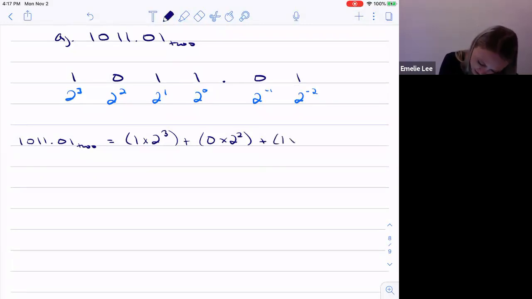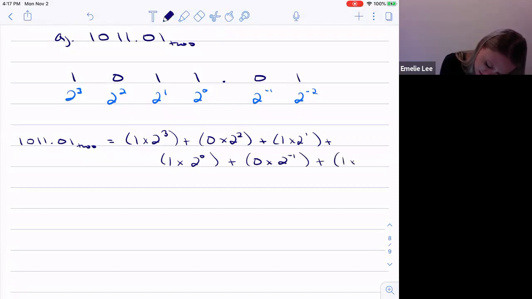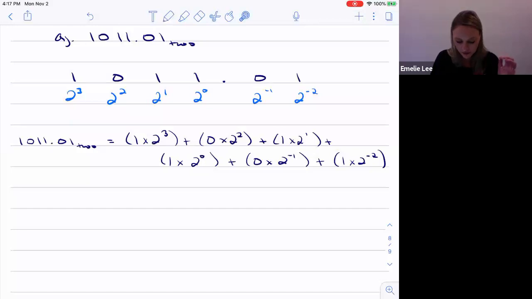Plus 1 times 2 to the 1, of course you could just write 2 if you wanted, plus 1 times 2 to the 0 plus 0 times 2 to the negative 1 plus 1 times 2 to the negative 2. So these numbers all behave the way we expect them to.